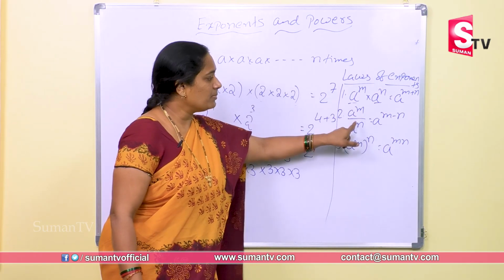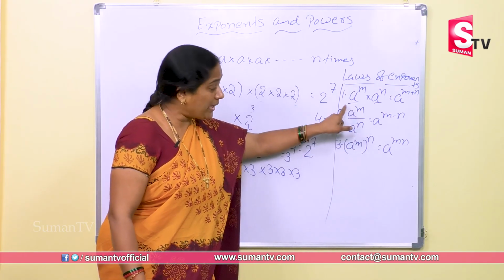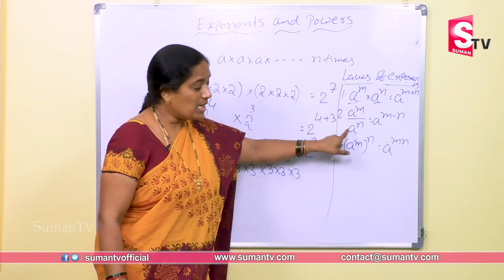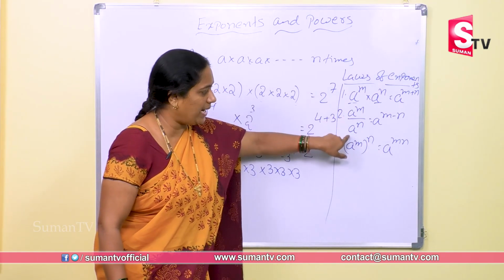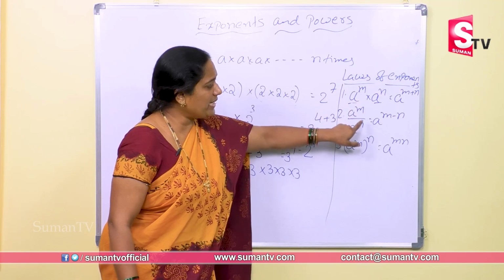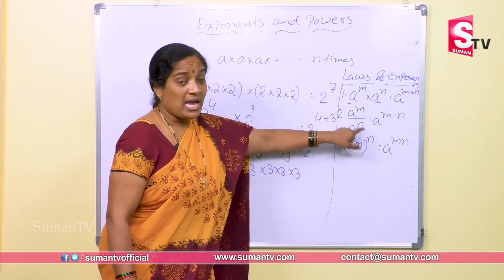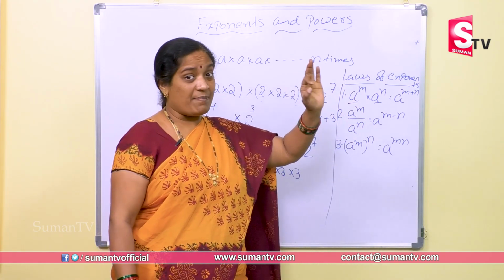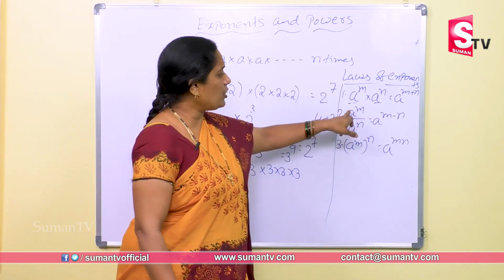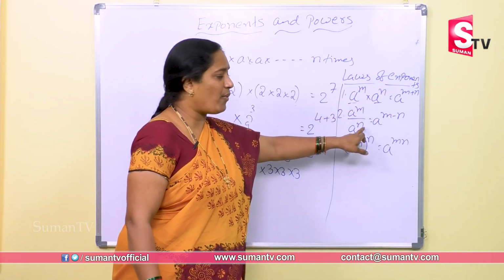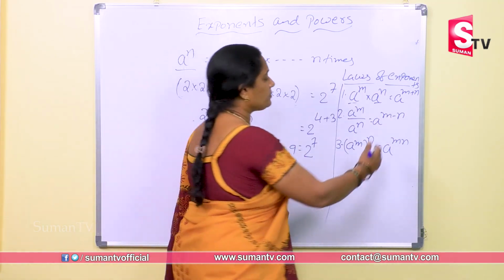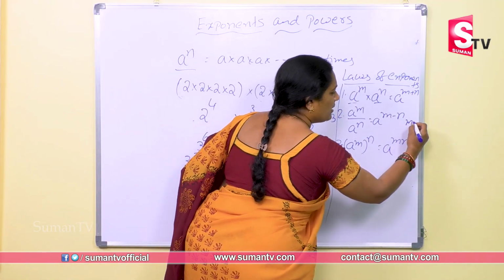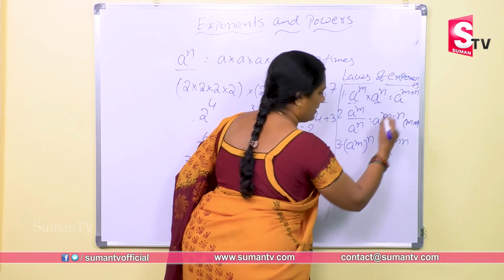A power m by a power n: you can notice in the numerator and denominator, the base is same, exponents are different. Exponents don't matter, the bases must be the same. A to the power of m by a to the power of n is a power m minus n, where m is greater than n.